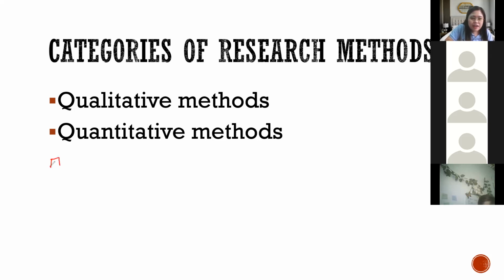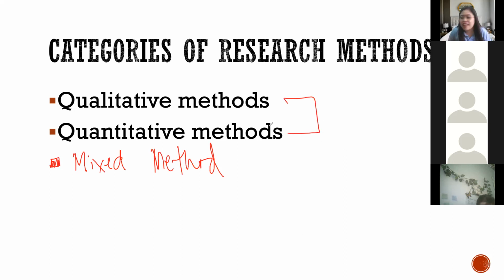Nowadays, we have the third one here, and that is called the mixed method. When you say mixed method, i-mix nato na silang duha. Meaning sa isa ka papel, naa kay qualitative nga data, naa pod kay quantitative na data. Mao na nga gitawag siya mixed method.